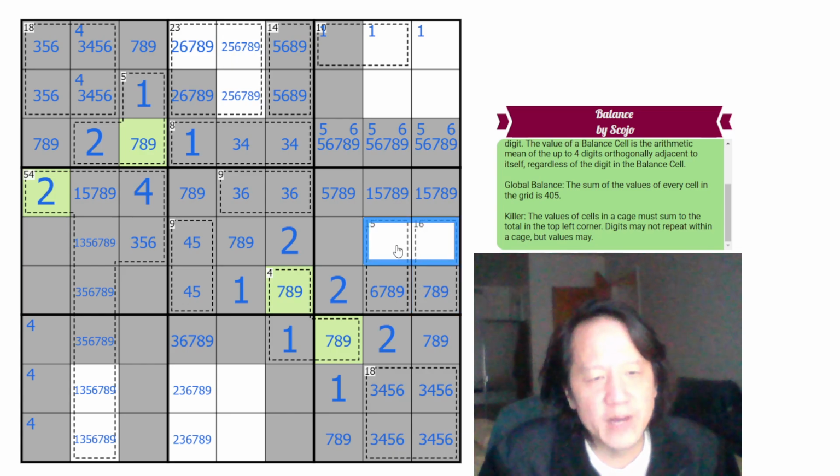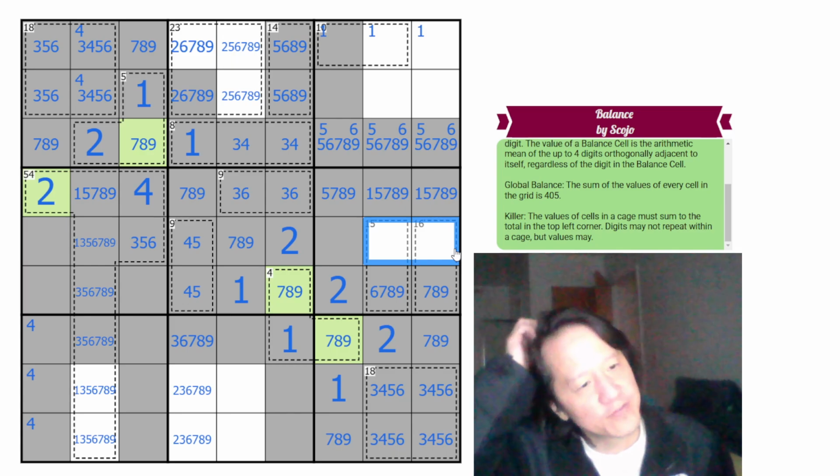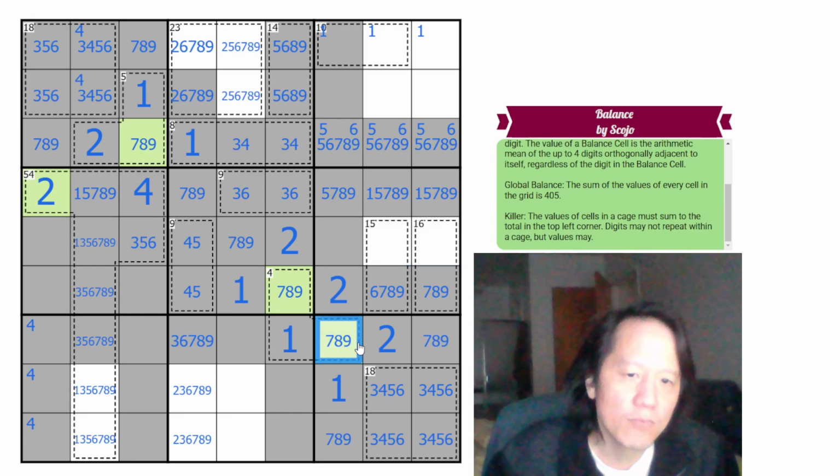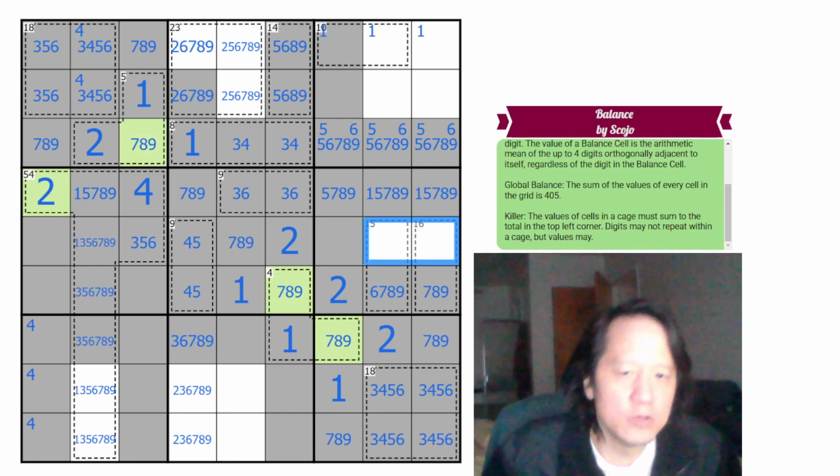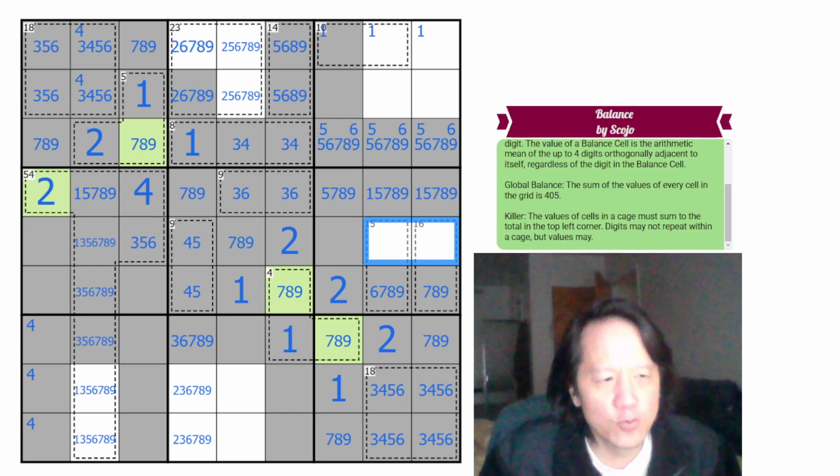So we know the balance cell digit cannot be 7, 8, or 9 because we have 3 of those already. It can't be 2. So it's 1, 3, 4, 5, or 6. Okay, so say this were the balance cell, we know then this has to be 7, 9.